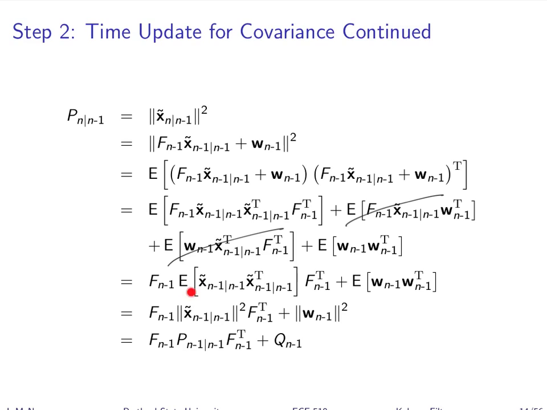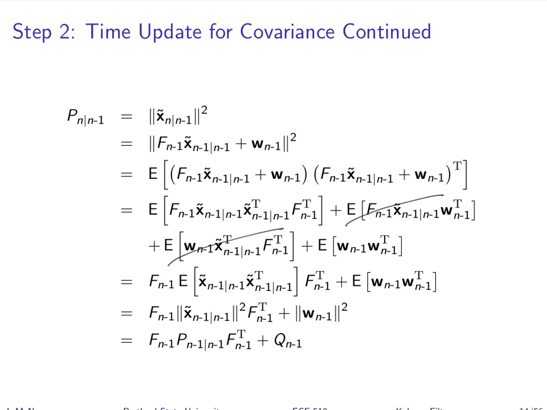And this other term, the expected value of this outer product, if you look at it carefully, this is the filtered state error vector that we're looking at. And the expected value of the outer product of that vector with itself is the filtered state error covariance matrix at time n minus 1.